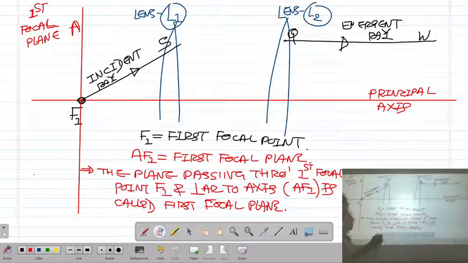Now we define what the second focal point is. The first focal point F1 is on the left hand side of the optical system.